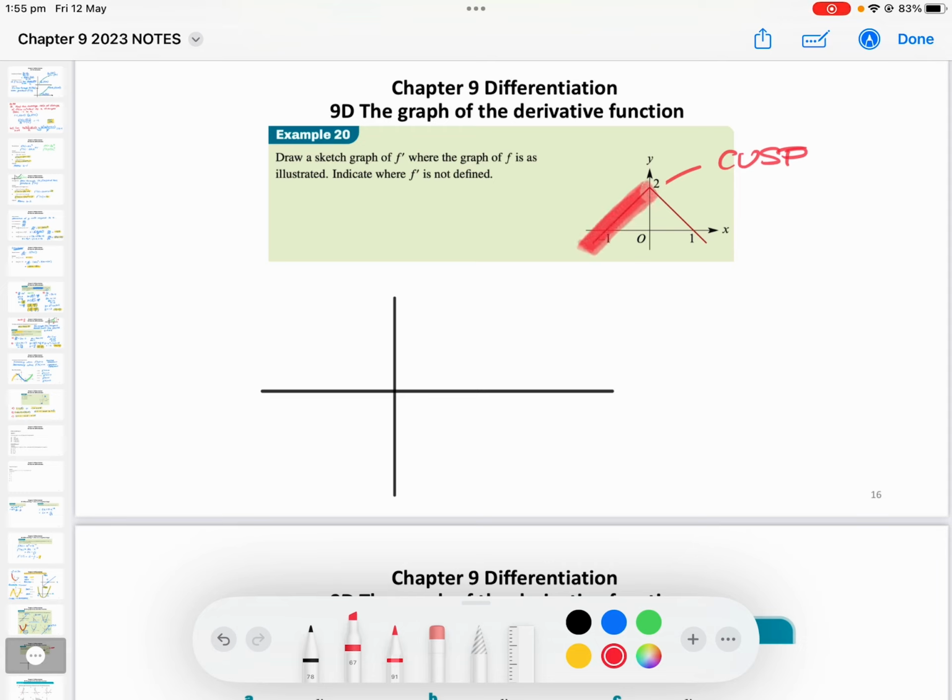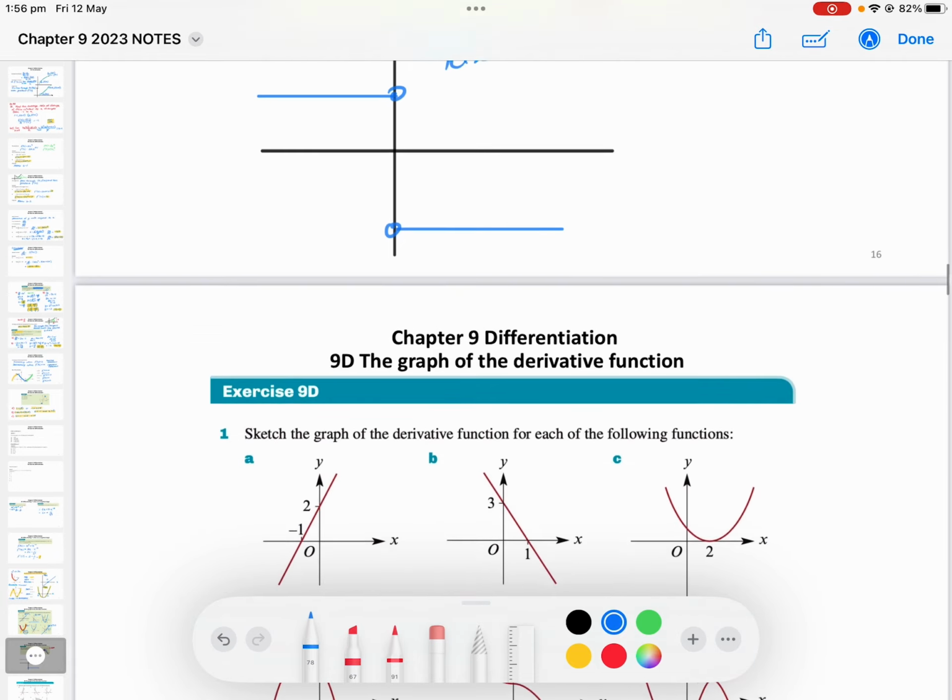So we've got a constant gradient of 2 here, so I'm going to draw that on. I've got a constant gradient here of -2, so I'm going to draw that. And then we have to think, what is the gradient here? Is it positive or is it negative? Well, it depends which side you come from. If you come from this side, it's positive. If you come from this side, it's negative. So we say you can't find the derivative on that cusp. So that's what the graph of the derivative looks like for that function.